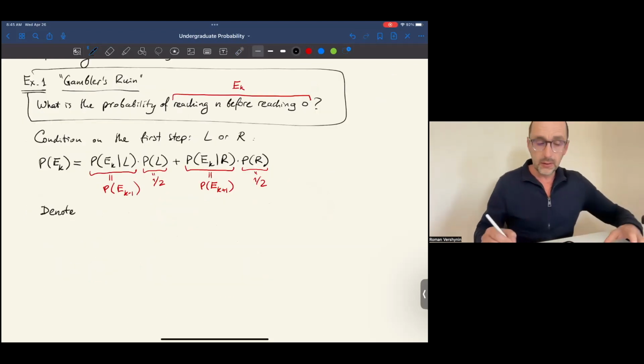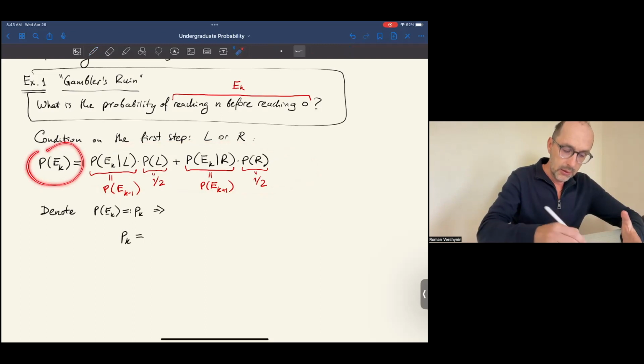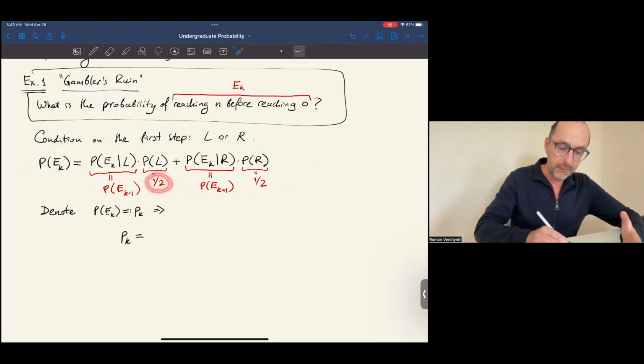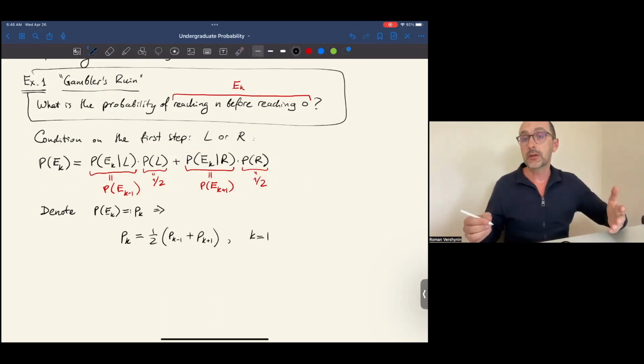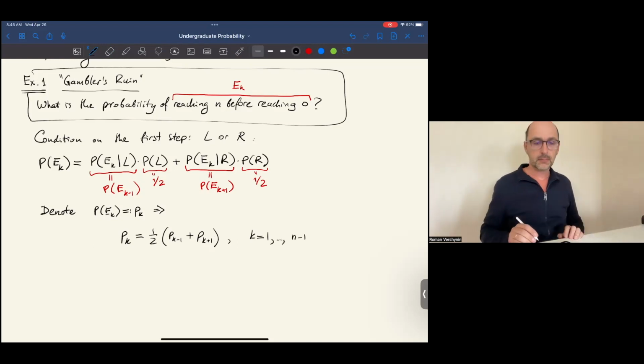So if we denote, for convenience, the probability of E_k by p_k, this equation becomes p_k equals 1/2 p_{k-1} plus 1/2 p_{k+1}. And this equation holds for any starting position k, 1, 2, up to n minus 1.